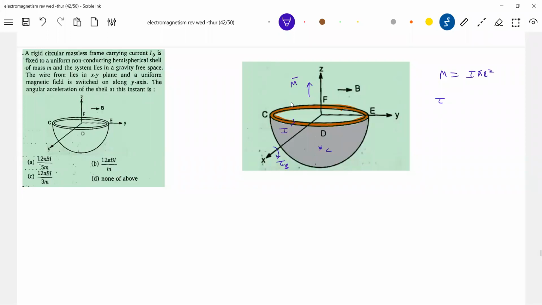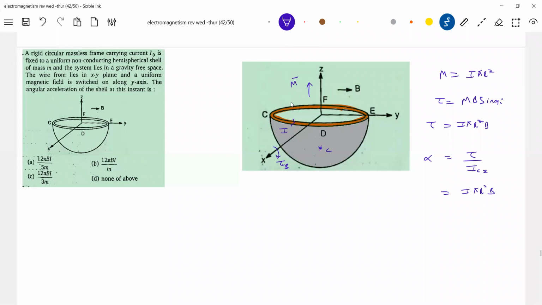So let's calculate the torque. mB sine 90, I into pi r squared. So this should be the torque. So then what is the moment of inertia? About I_CZ axis, the torque should be equal to I_CZ into angular acceleration.